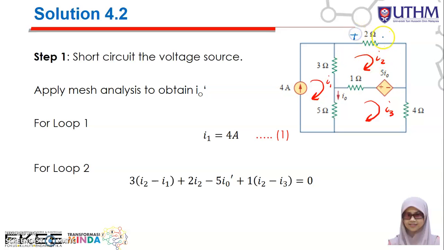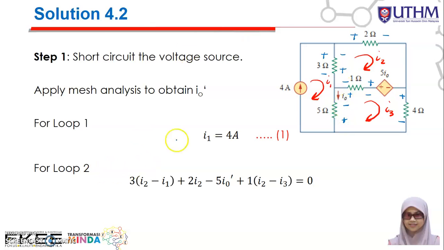Here you have positive, negative, because you have I1 here. You have I3 here, also positive, negative.